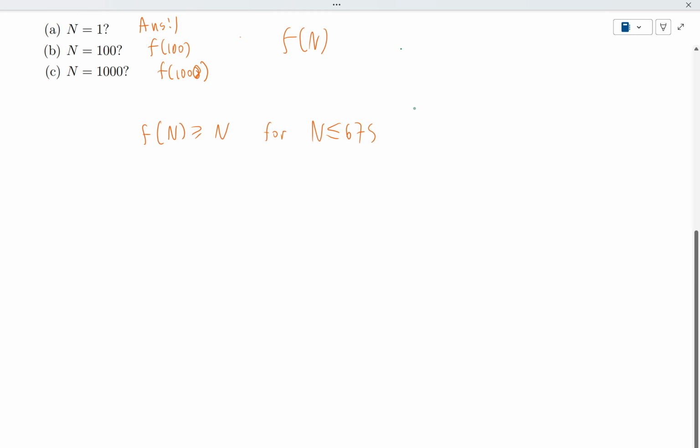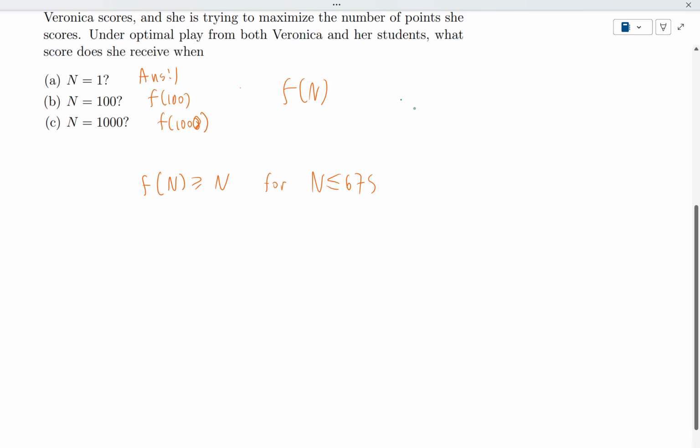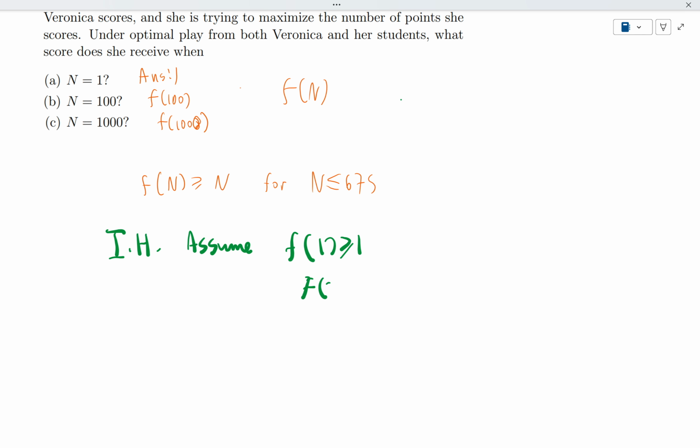Now let's do the base case and induction hypothesis, the usual stuff. The base case: we've already proved that f(1) is 1, so f(1) is greater than or equal to 1 from part A. For the induction hypothesis, assume that f(1) is greater than or equal to 1, f(2) is greater than or equal to 2, and so on until f(k) is greater than or equal to k.